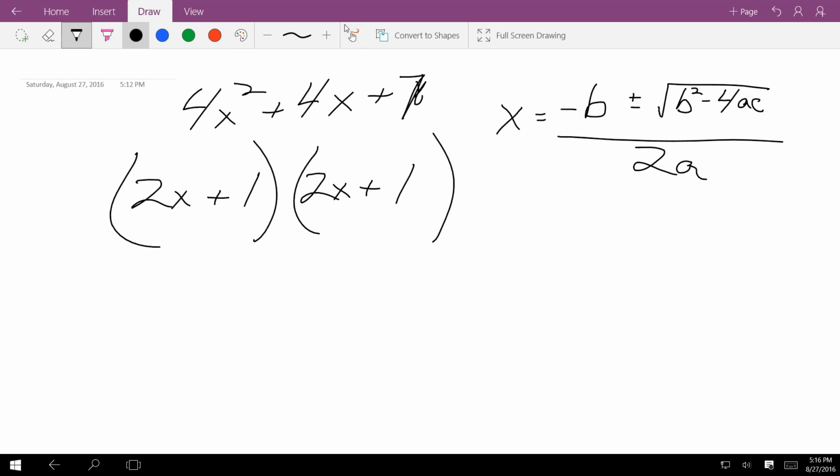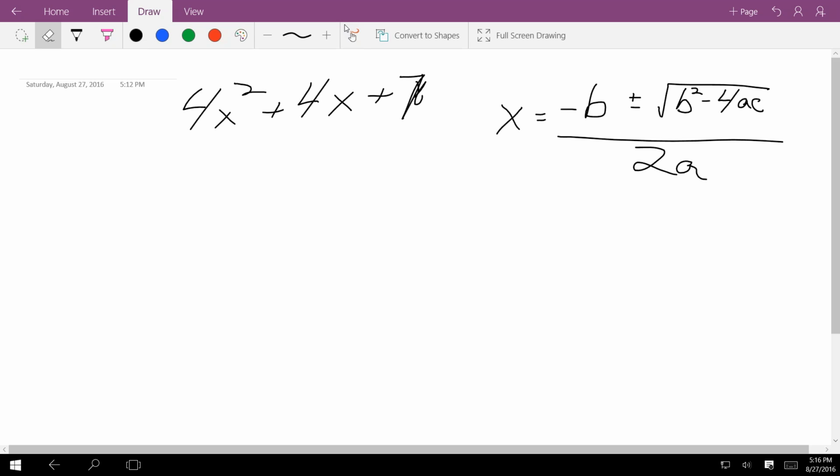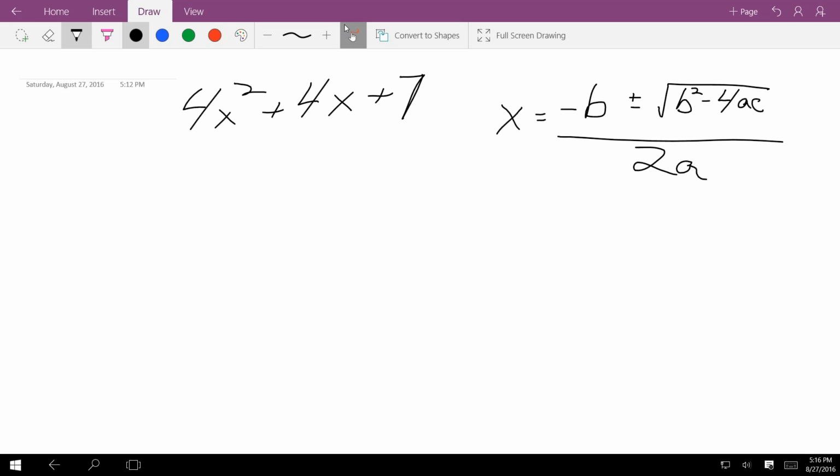Now, if this was our quadratic, what's A, B, and C? A is 4, B is 4, and C is 7. So if I were substituting and I wanted to solve this particular quadratic, x would be what?